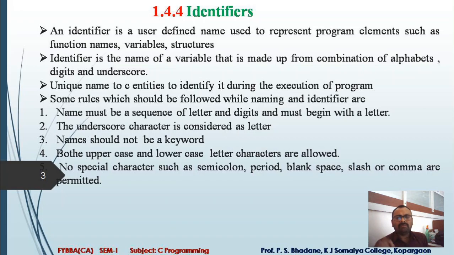That's important: alphabets, digits and underscore. An identifier is a unique name given to C entities to identify them during the execution of a program.